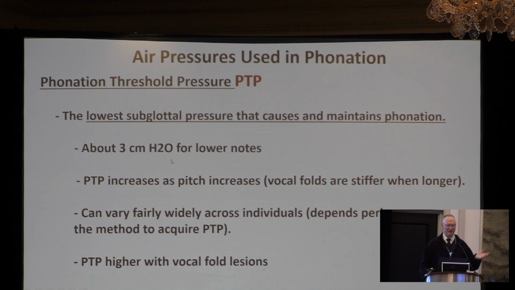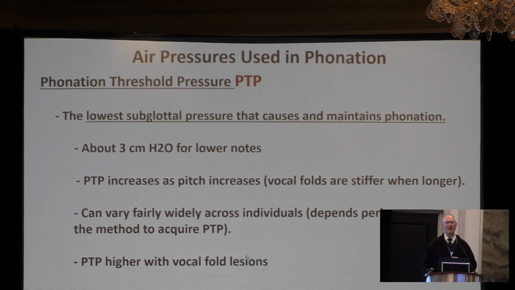I'm sorry, it's an internal joke. 3 centimeters of water for lower notes, and then it increases as pitch increases, because as the vocal folds elongate, as Dr. Sundberg mentioned, the tension increases, so it takes more force to move them. So PTP rises with elongation of the vocal folds.